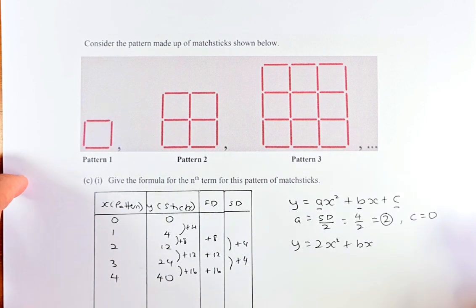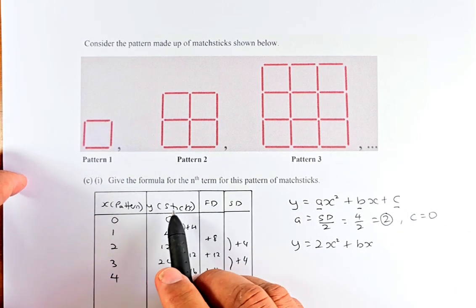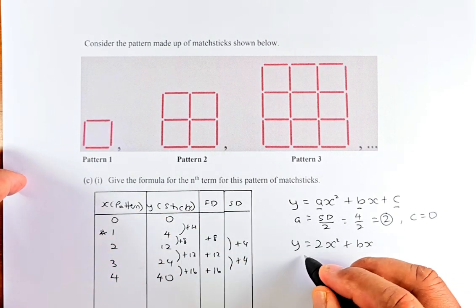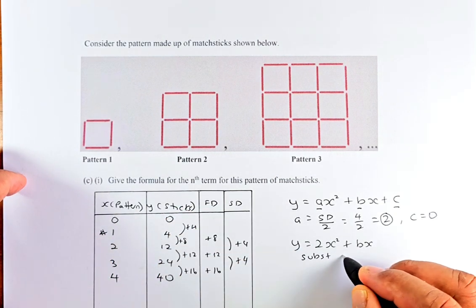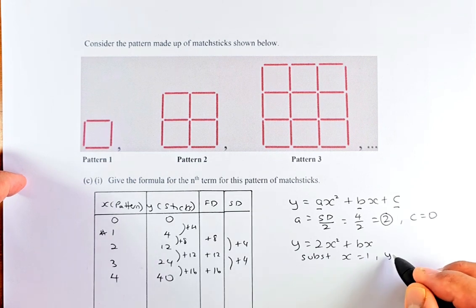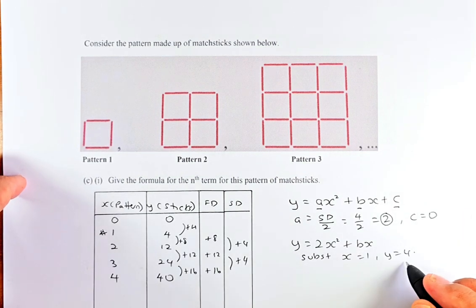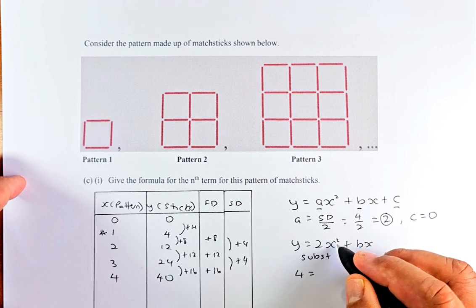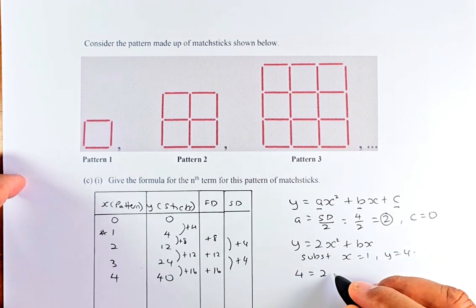Now we are going to solve for your b. To solve for b, you can choose any pair of x and y. Your pattern is your x and your sticks is your y. I would choose the easiest: x is 1 and y is 4, and substitute into that equation. So y is 4, x is 1, so 1 squared is 1, 1 times 2 is 2, plus x is 1, so plus b.